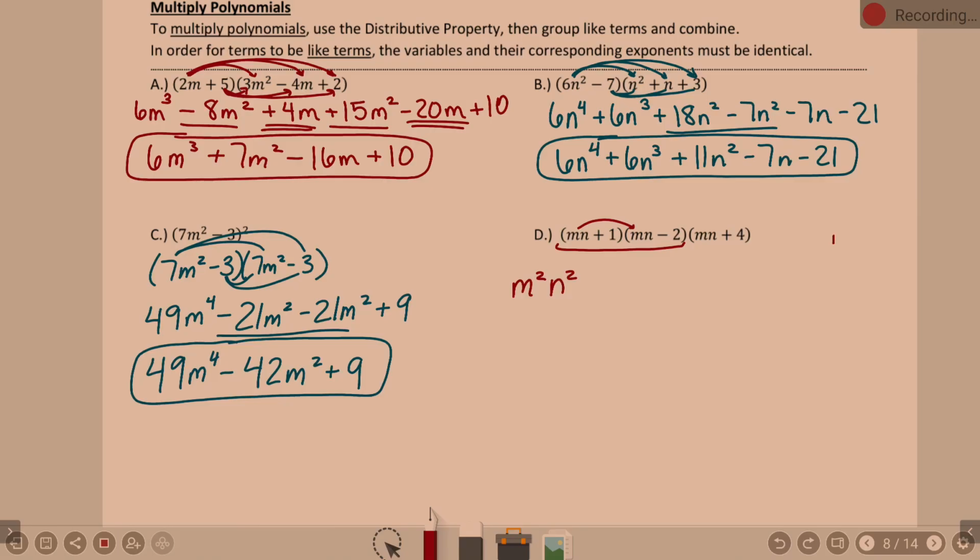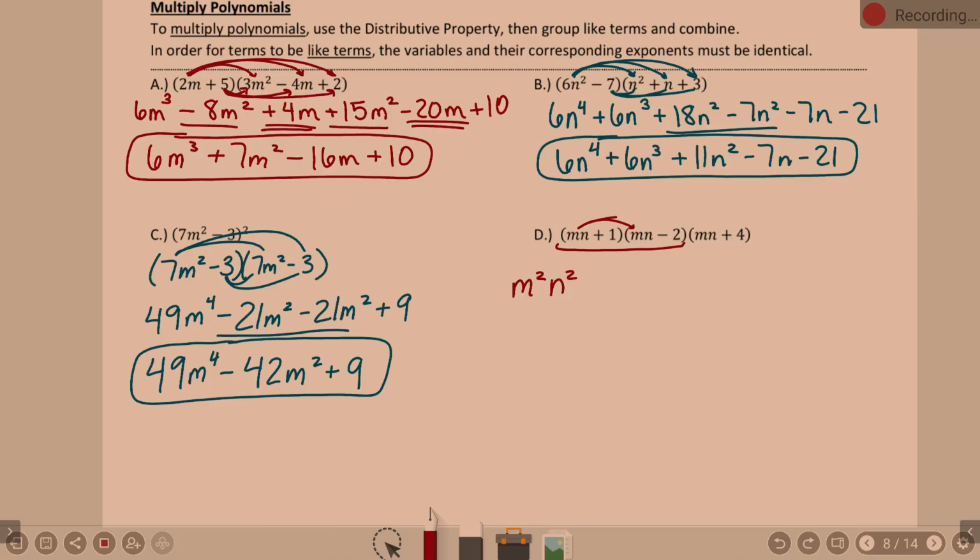Now, for reference, if mn squared looked like this with parentheses, is that correct? That is technically equivalent. Would Savas go for that? I can't guarantee if Savas would go for that. But when we're vocally saying it, it's hard for me to know which way. So, just kind of an FYI.